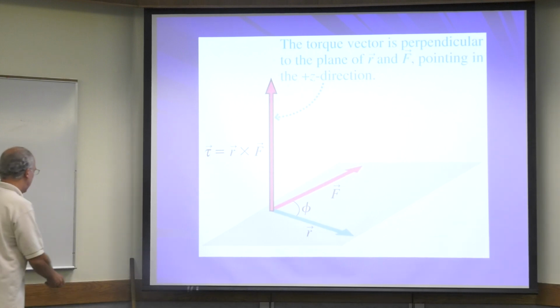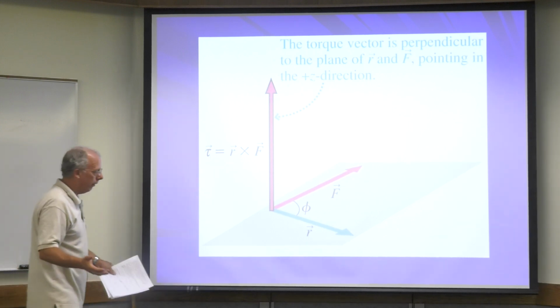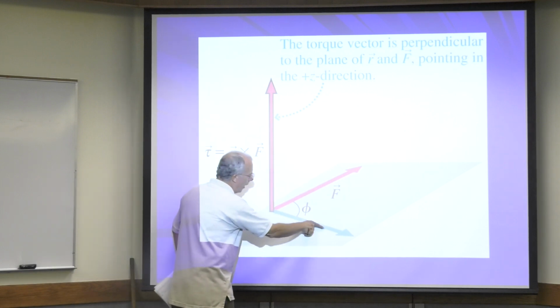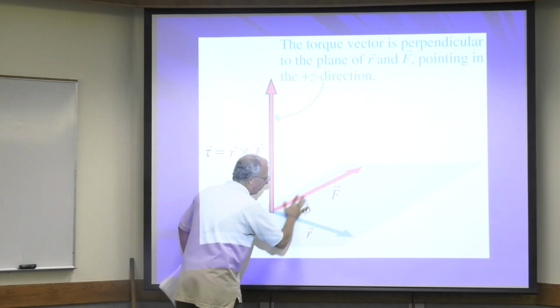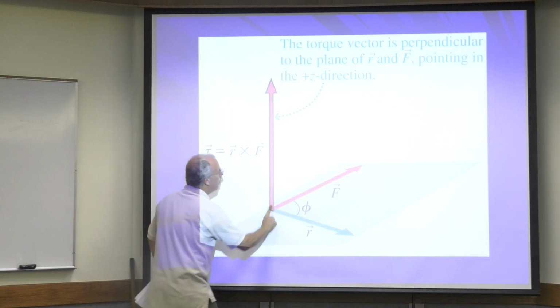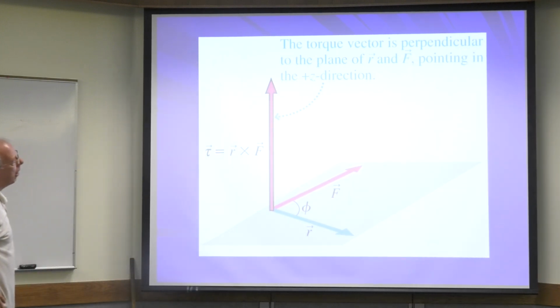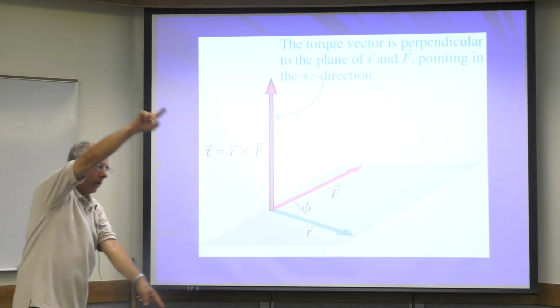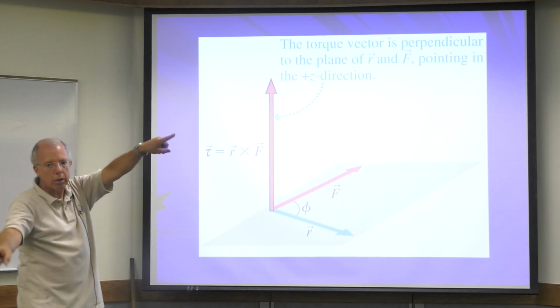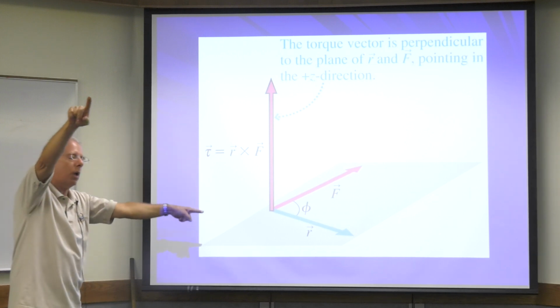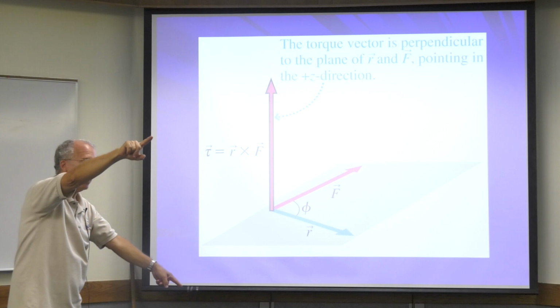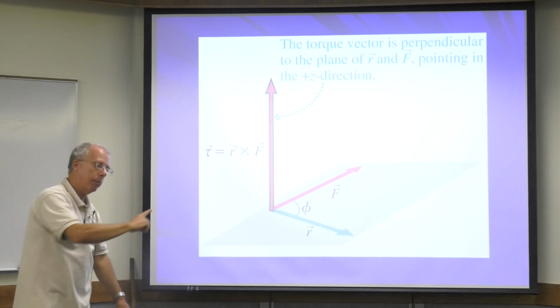So here's another one. Torque: the R vector is this way, the F vector is this way. This is the horizontal plane, and the torque vector is perpendicular to the plane of R and F, pointing in the Z direction. If you have any two vectors, I don't care which two, they will always form a plane, and the cross product is always perpendicular to that plane.